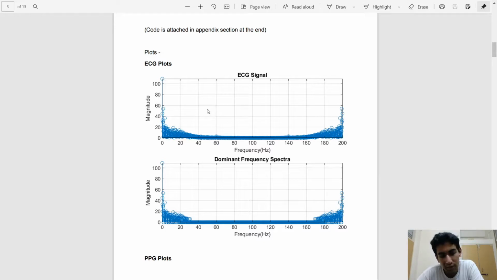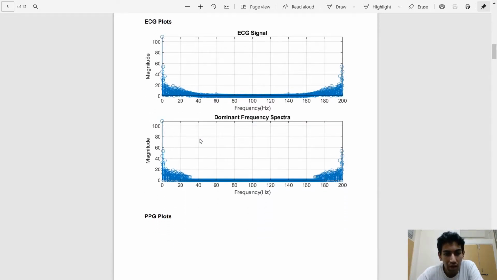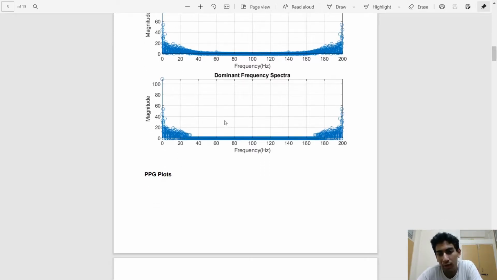By looking at the spectra, we can see that the ECG waveform has frequencies up to around 30 or 35 Hz. To extract the dominant frequencies from this ECG signal, we set the threshold to be 1% of the maximum value, and we set all the coefficients whose amplitudes are less than 1% of the maximum value to 0.